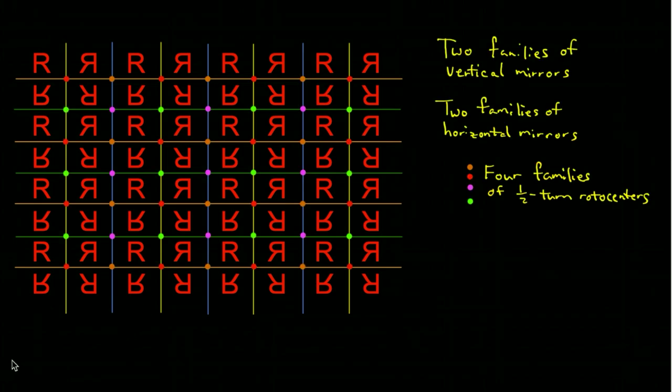And here's a picture that puts everything together. If we happen to have both vertical mirrors and horizontal mirrors in a wallpaper pattern, we will get 4 families of half-turn rotocenters, and they will be at the intersections of the mirrors. That's the end of the first video.